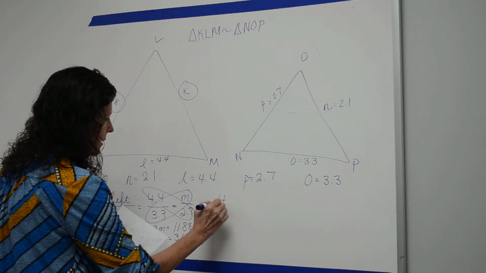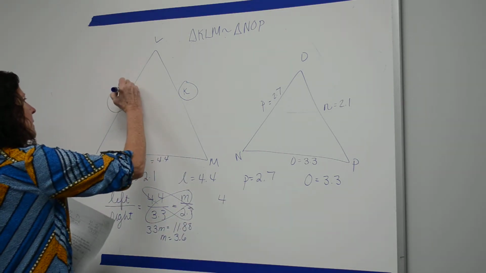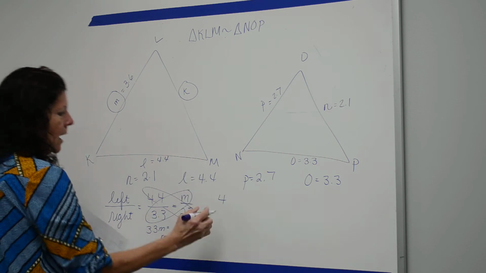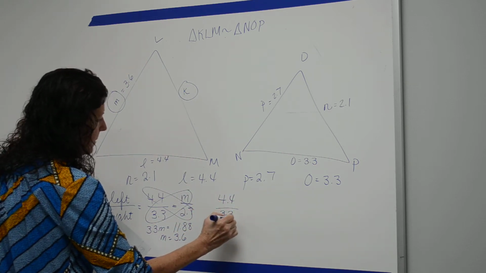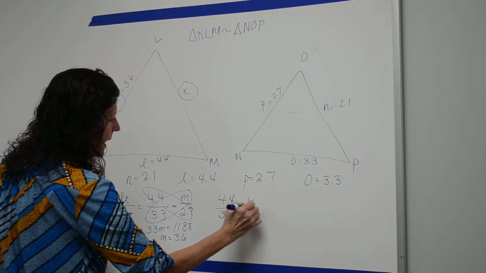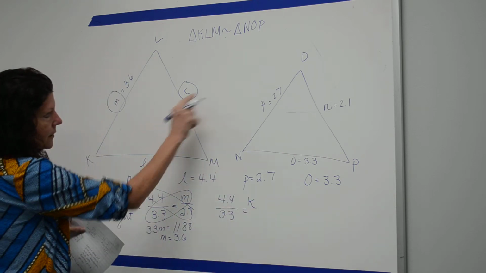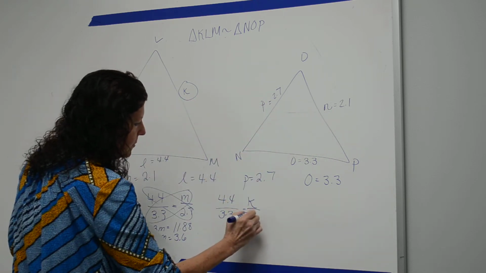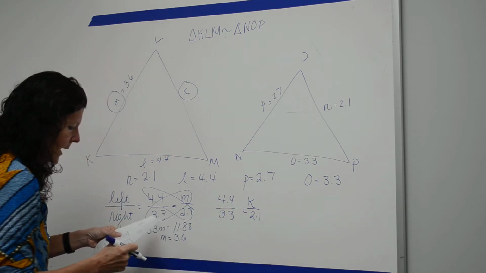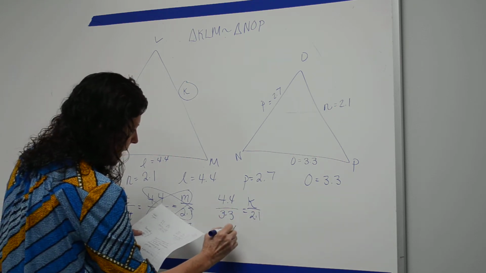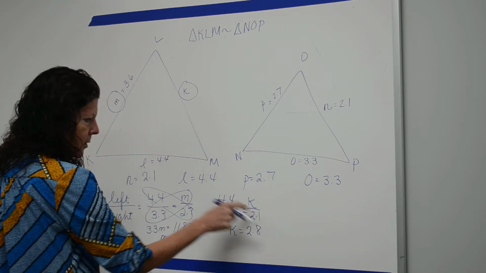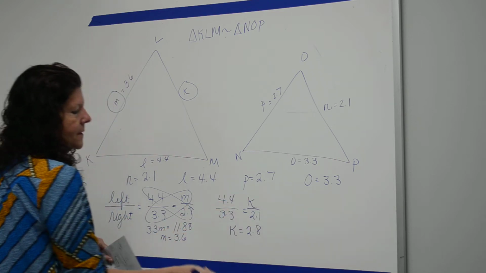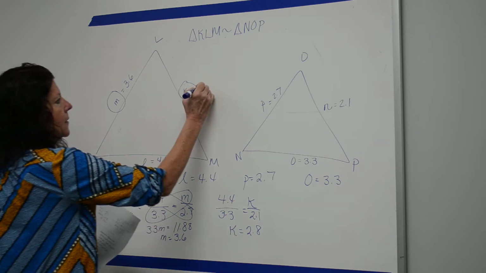And so I've got a 3.6 right there. I'm going to do the same thing to find my k. So I've got k over, and the corresponding side over there is 2.1. So when I cross multiply and solve, I find that k is equal to 2.8. Of course, I'm multiplying that times that, and then I'm solving for the k.